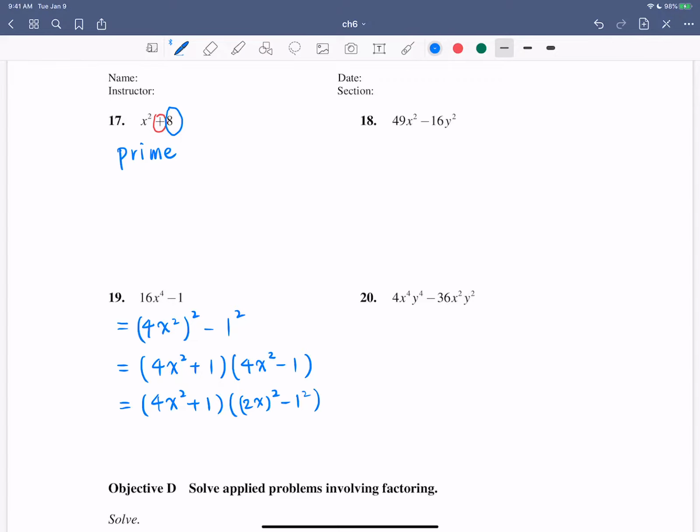So we have another difference of two perfect squares. That means we have to use the formula again. Copy the first factor, 4x squared plus 1, and then you use a plus b times a minus b to complete the factoring. 2x plus 1, 2x minus 1. So for number 19, it indicates that in some situation, you might need to use the formula multiple times in order to factor completely.